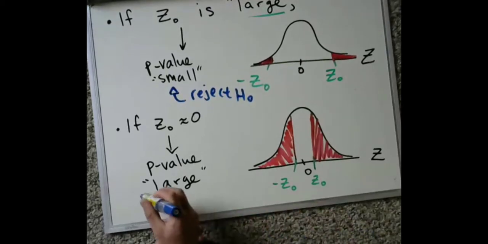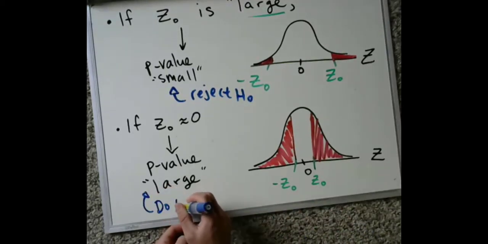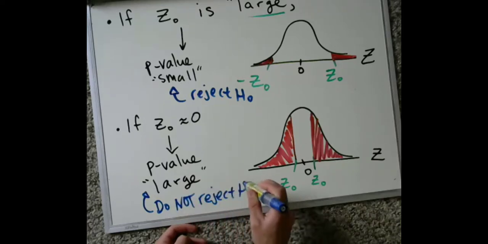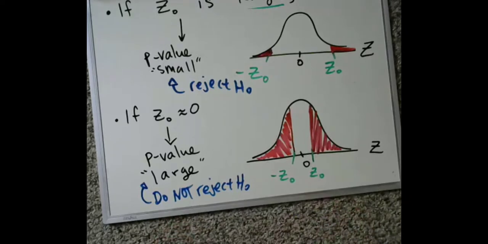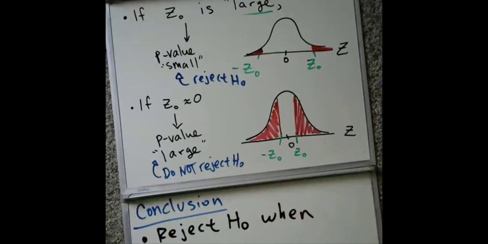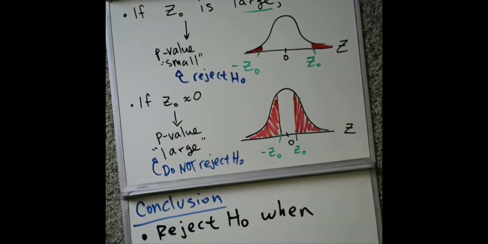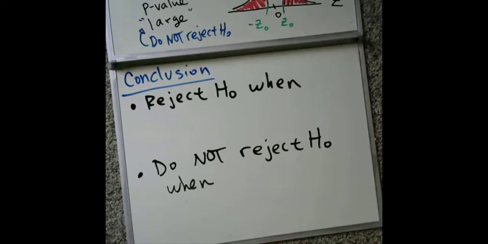On the flip side, a large p-value would be do not reject the null hypothesis. Again, what is big? What is small? We are going to use our p-value to determine our conclusion regarding the null hypothesis.